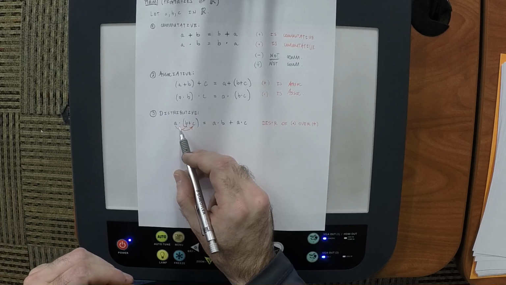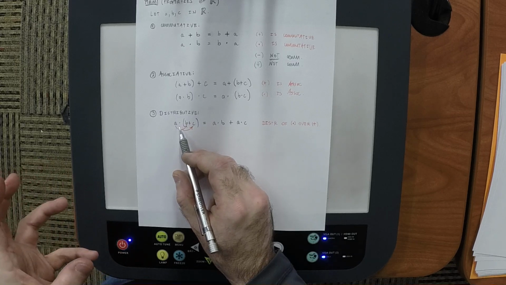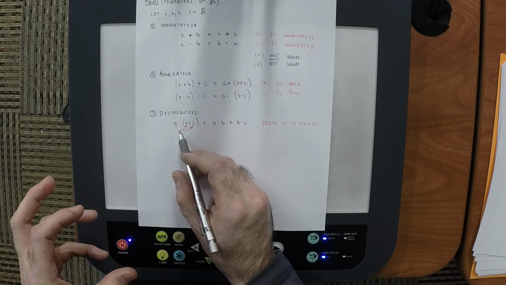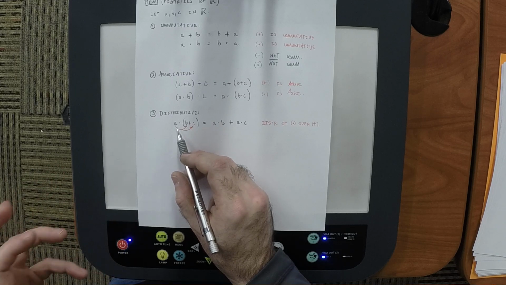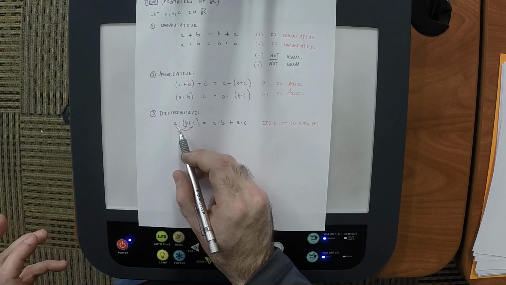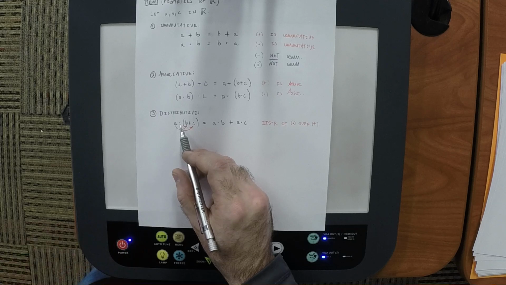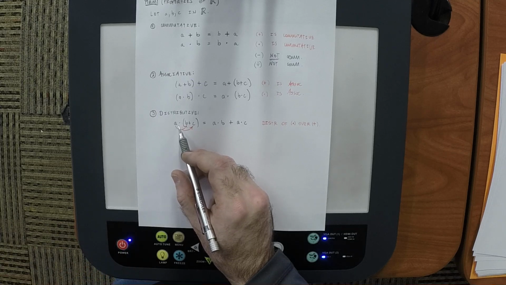So in the end, here's the deal: I'm not going to require you to write the dot when you mean multiply, but I'm always going to write it. The reason is that I find that if and when students get in the habit of writing the dot, students start making fewer mistakes.